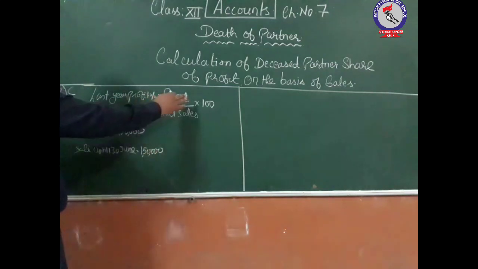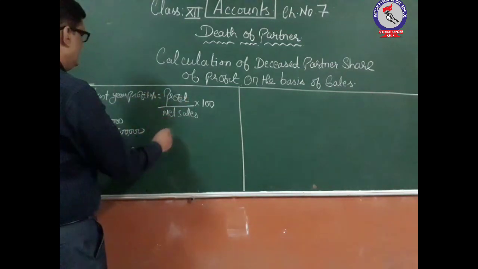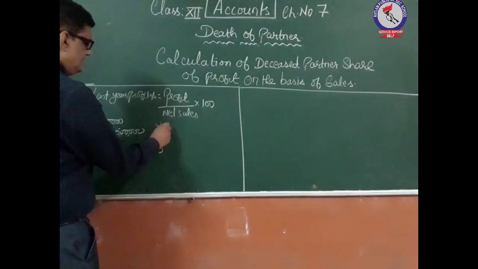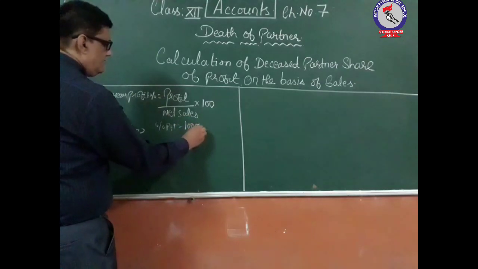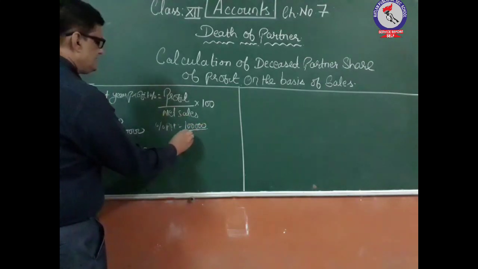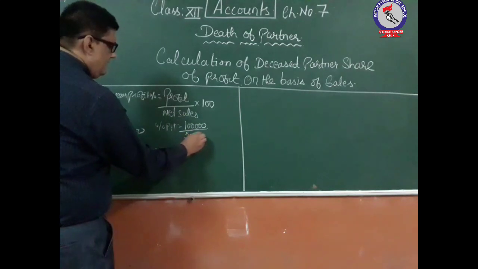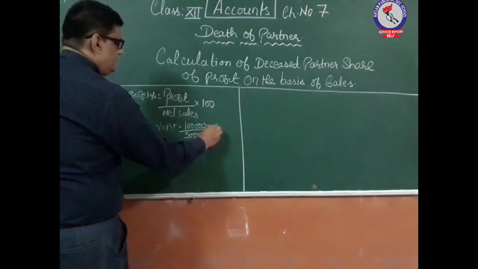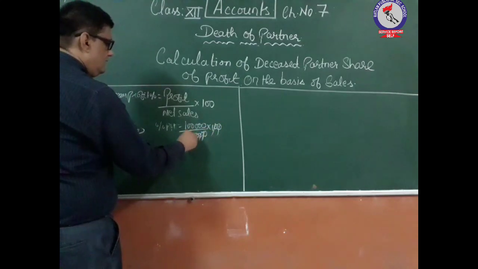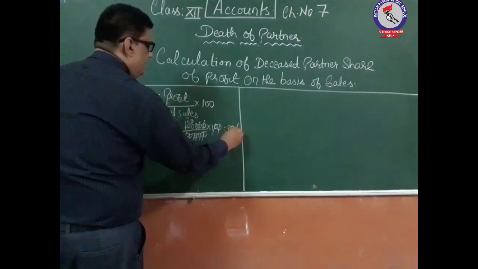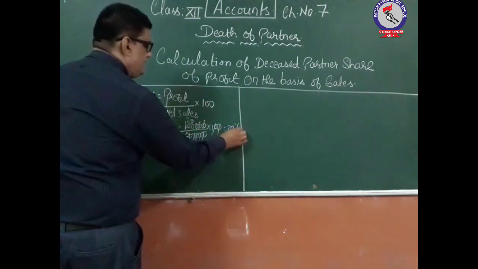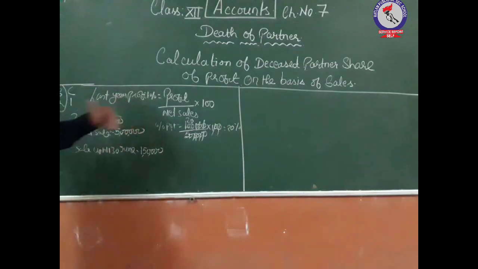Let us see with the help of this formula. First we find out the profit percentage. Profit of last year was 1 lakh, net sale of last year was 5 lakh. So the percentage profit becomes 20%. So there is a 20% profit according to last year's sale, and it is said that the sale up till now is 1,50,000.